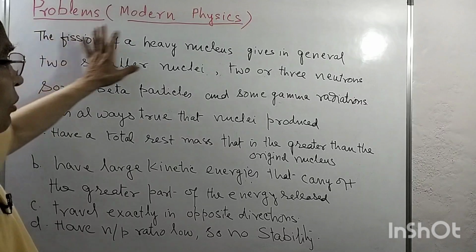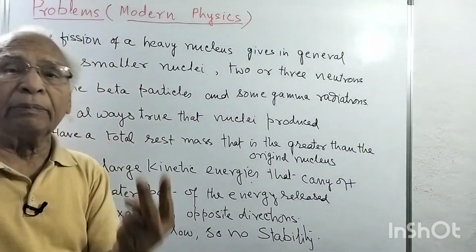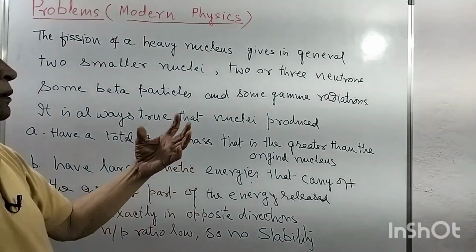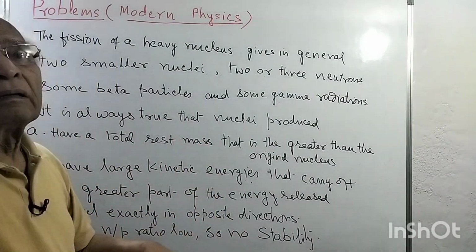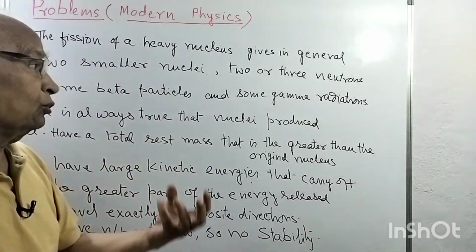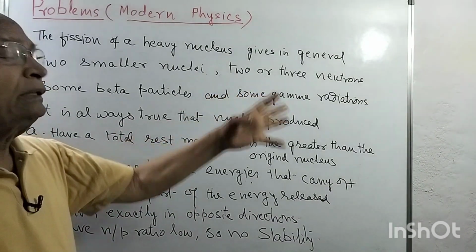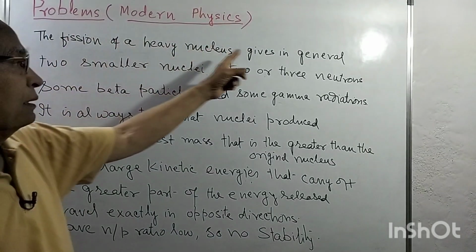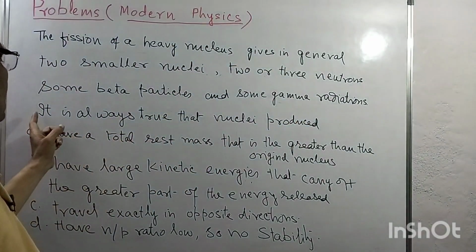So fission of this will give 2 medium weight fission fragments plus 2 or 3 neutrons, and beta particles and gamma radiations. This is what the fission is described by.